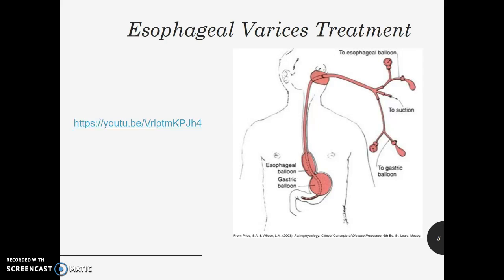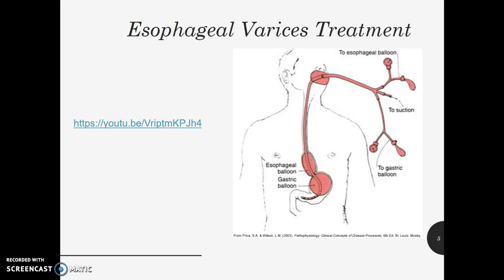I provided you a YouTube link here just to look at an actual video that shows how the esophageal varices bleed. And this picture on the right explains that when you do have this kind of a bleed, a person can literally bleed out and be hypovolemic and unstable because of low hemoglobin and hematocrit.